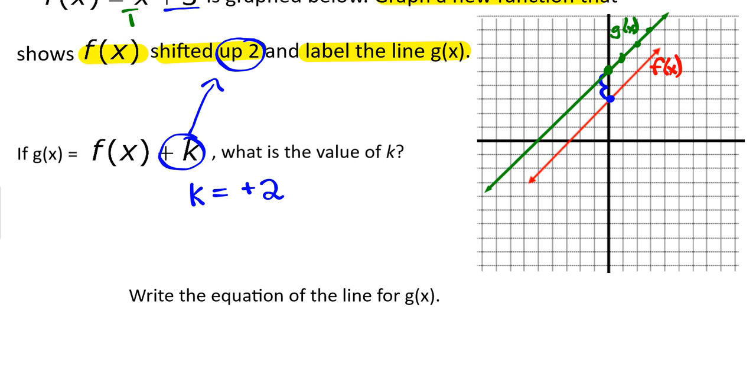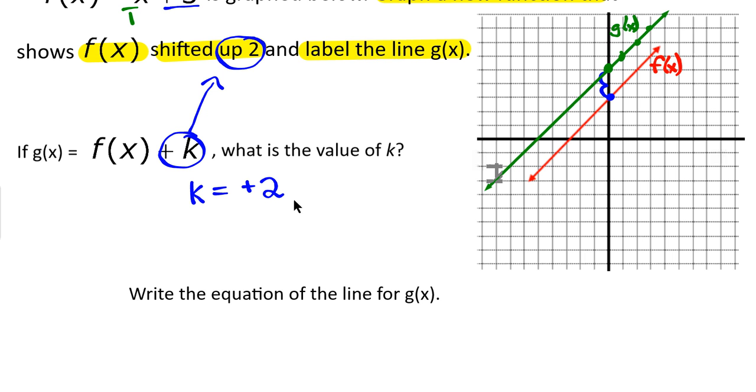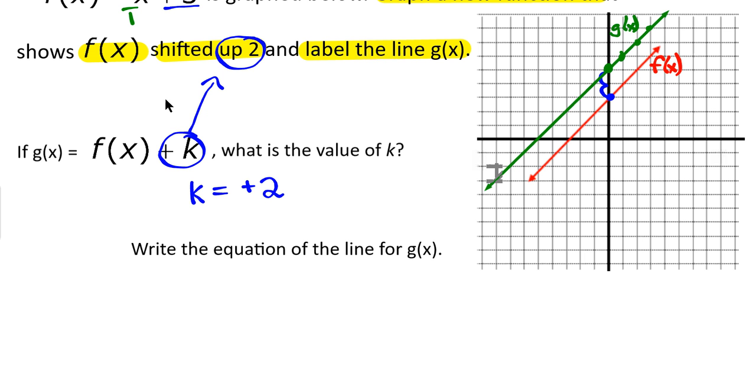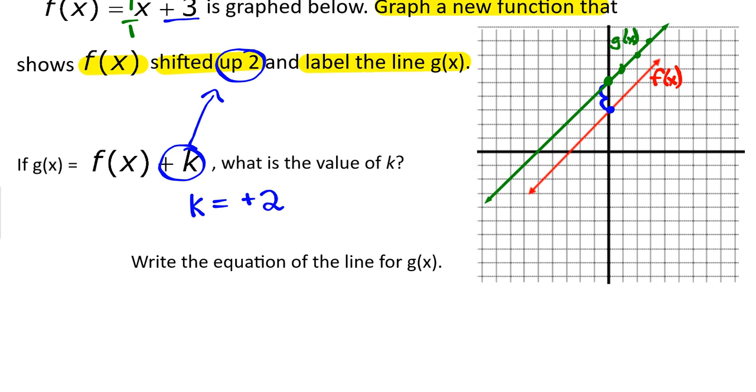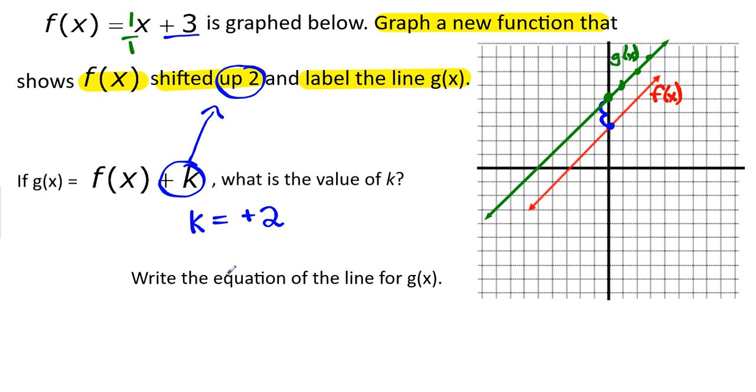Now we need to write the equation for this line. In order to do that, and I'm going to move this up so I have a little more room so we can still see our graph and also our original function for f of x, we're going to do it just like we did before. We're going to take the original function, f of x equals x plus 3, and then we need to combine our k value with this, which was a positive 2.